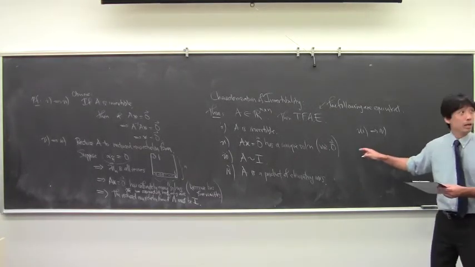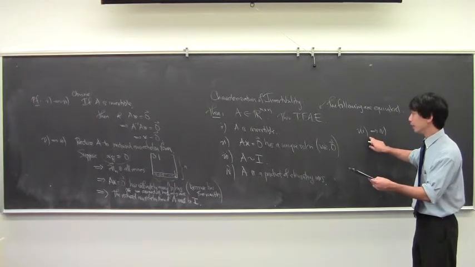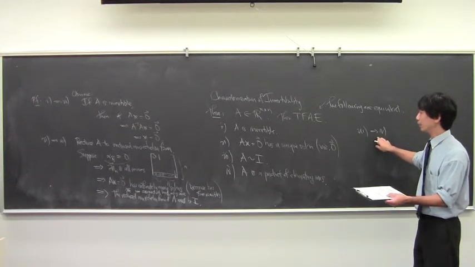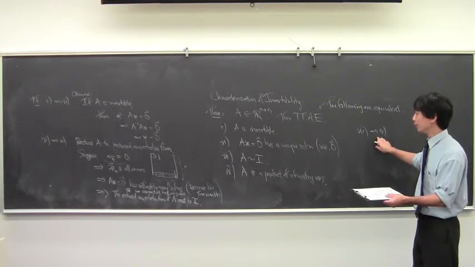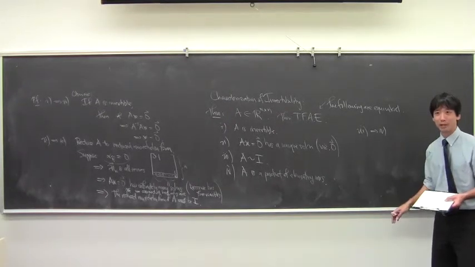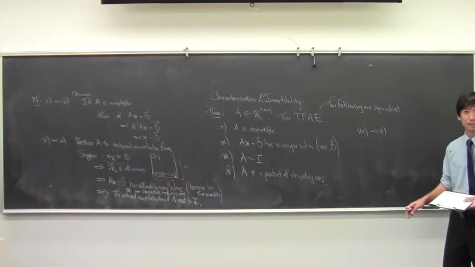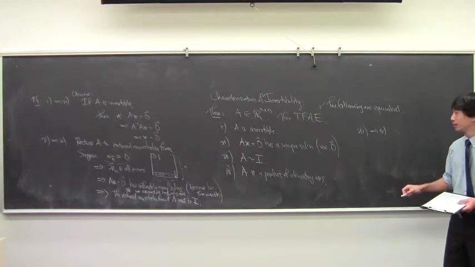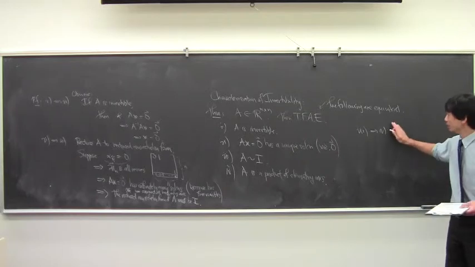Okay. So 3 implies 4. If A is row equivalent to the identity matrix, then it's a product of elementary matrices. Is that not obvious? That's almost the same statement as the definition, right?